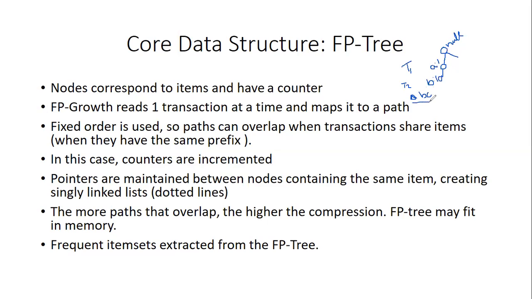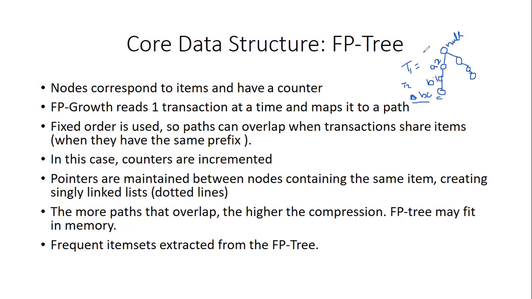When we construct the tree, we need not create a separate branch for A, B, C. There is already a branch having A, B. Then we have to include the C here. This node corresponds to C. So what we have to do is just increment the counter for the shared prefix.